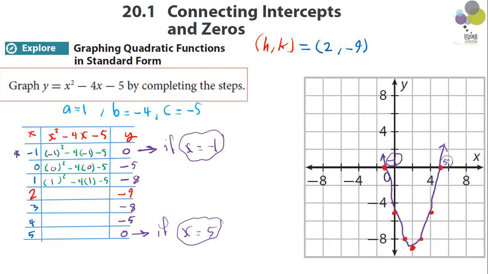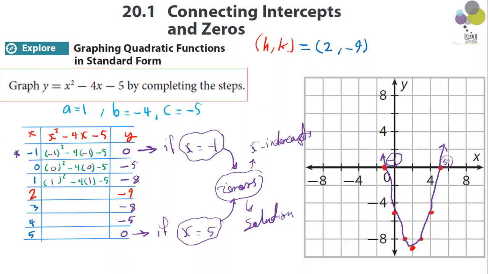Okay, so how many zeros of a function? 2 zeros. This one and this one. Zeros, or x-intercepts, or solutions. So we have three names for the values of x that make the function equal to 0.